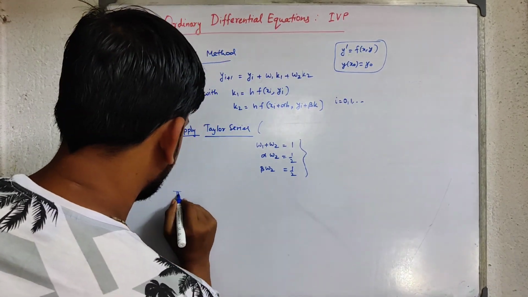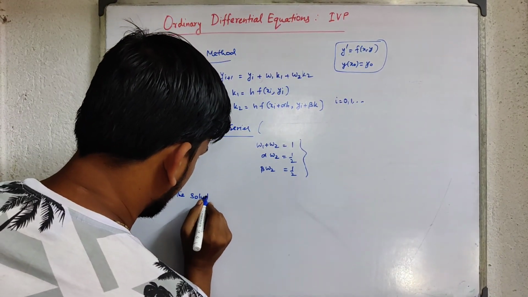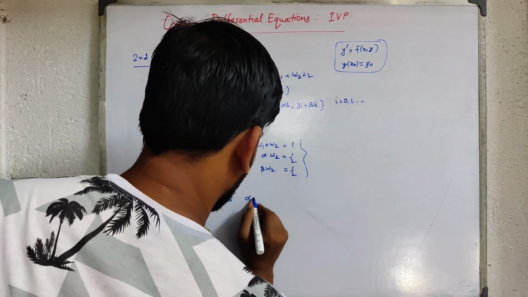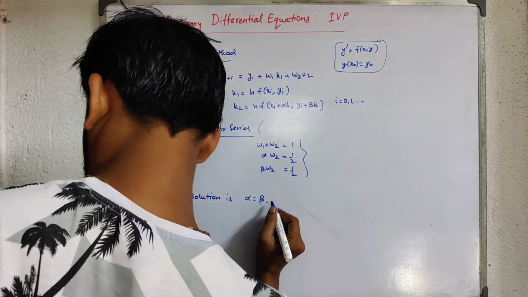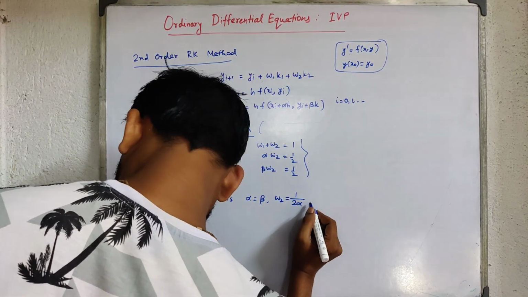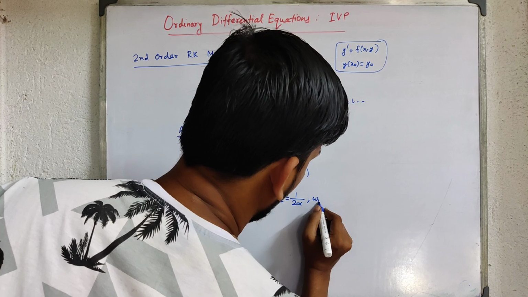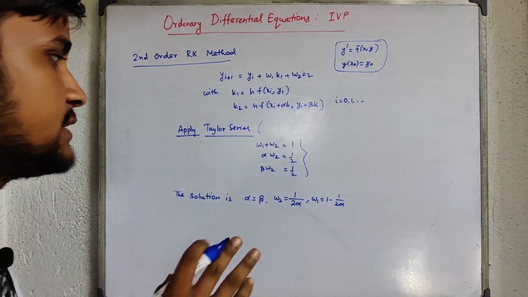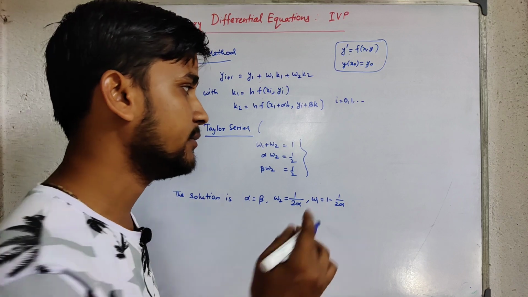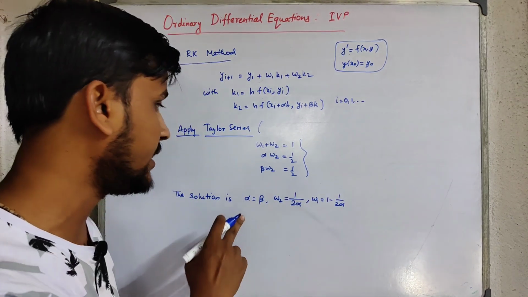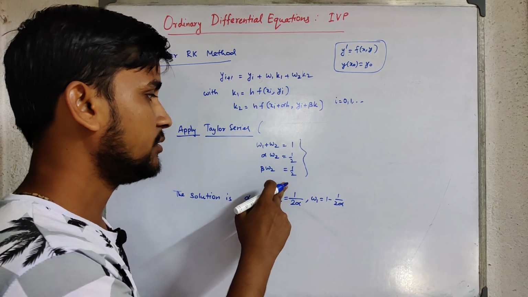The solution is alpha equal to beta, W2 equal to 1 by 2 alpha, and W1 equal to 1 minus 1 by 2 alpha. When these types of questions come in the CSIR NET exam, we just check that alpha W2 equals half, beta W2 equals half, and W1 plus W2 equals 1.